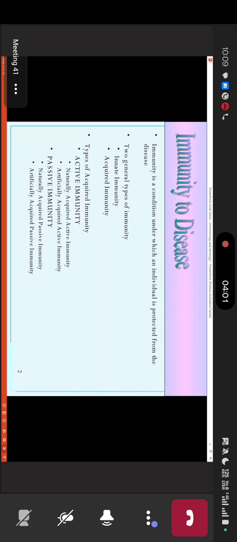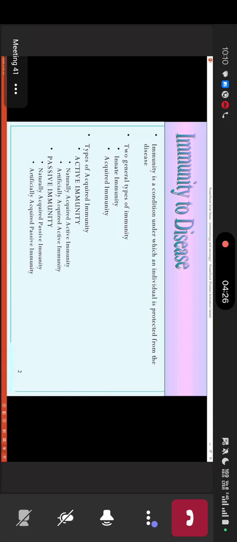Innate immunity is what we have from birth. Acquired is what we acquire after birth through our environment, different vaccines and lifestyles. In whatever way we acquire immunity, it comes under acquired immunity.